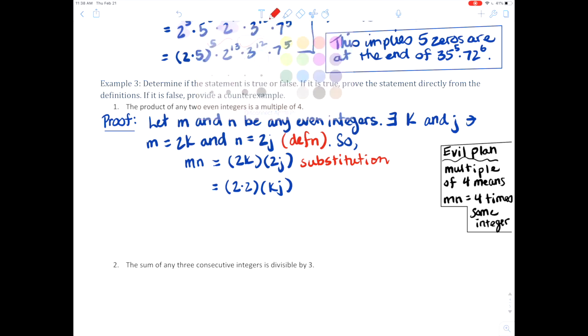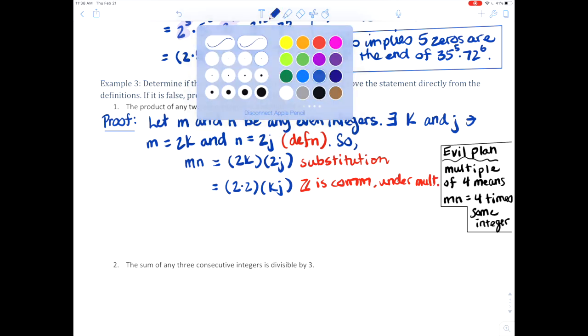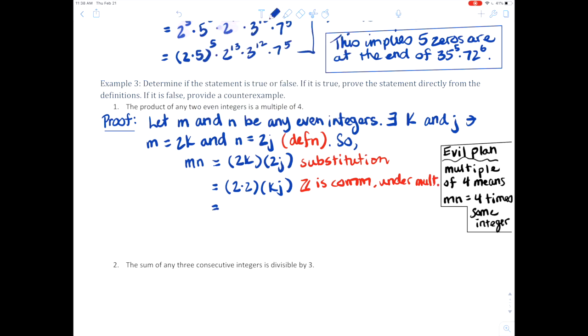And I can do that because the set of integers is commutative under multiplication. All right, well, this in turn is 4 times k times j. Good so far? All righty.